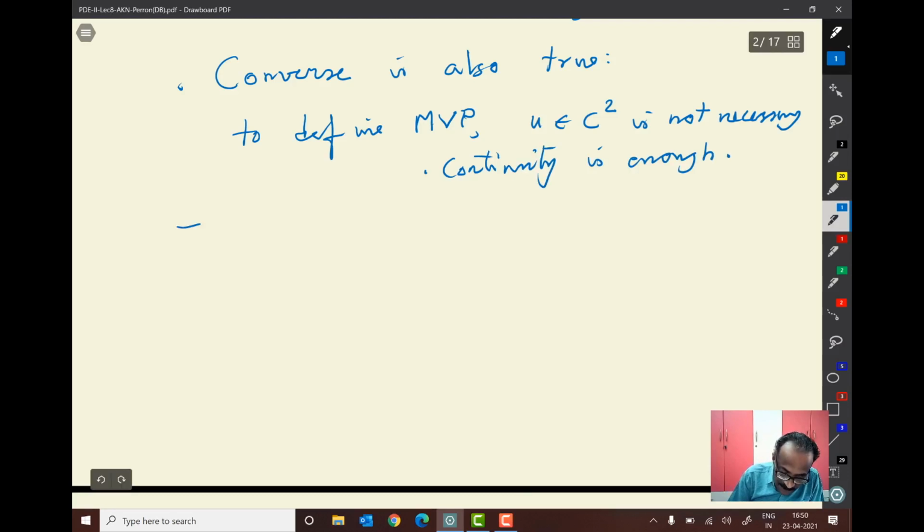Okay, mean value property. So I will not state everything which is there, otherwise you can refer to the book and recall everything.